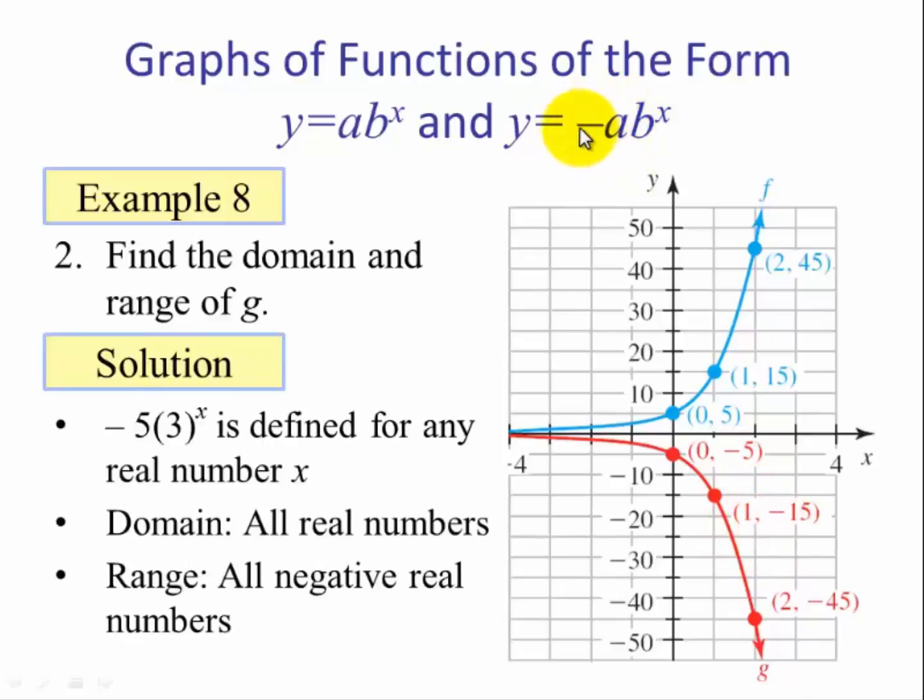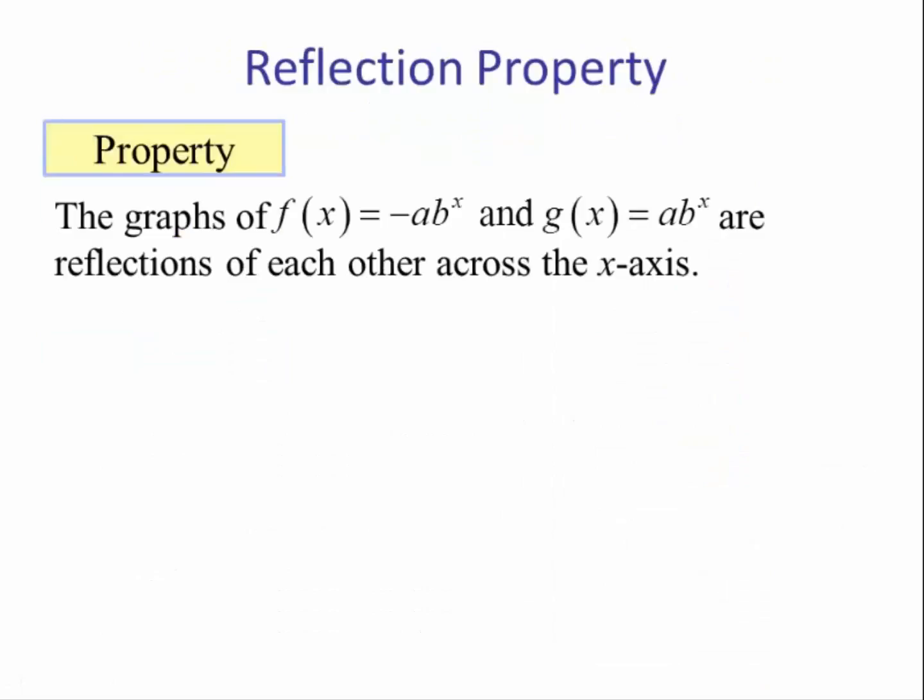So when a is negative, it is a reflection across the x-axis, and the range will be all negative numbers. When a is positive, the graph will be in quadrants 1 and 2, and the range will be all positive y values.